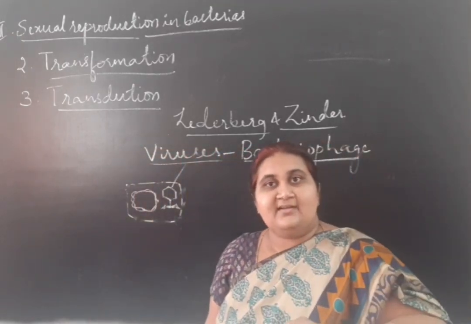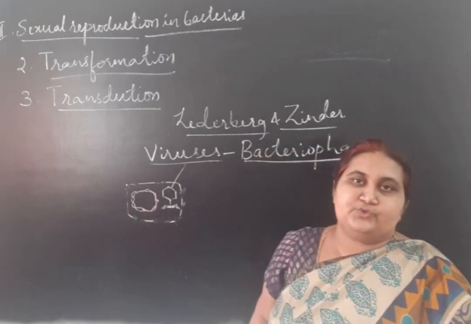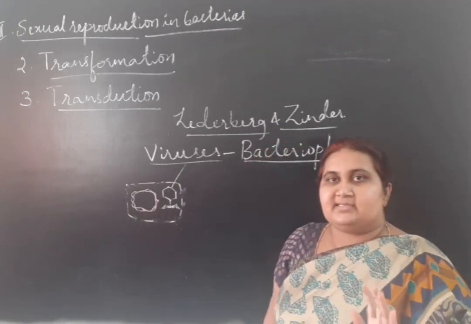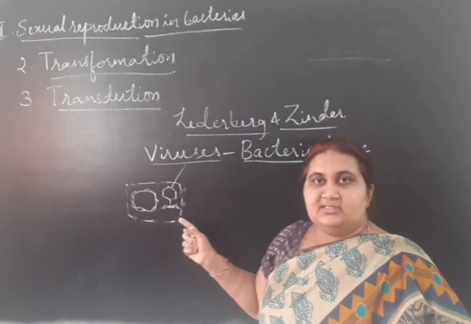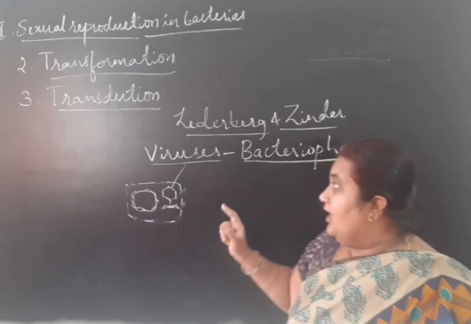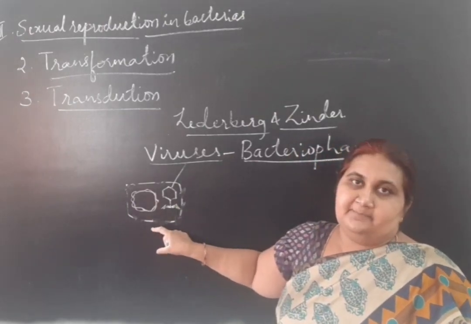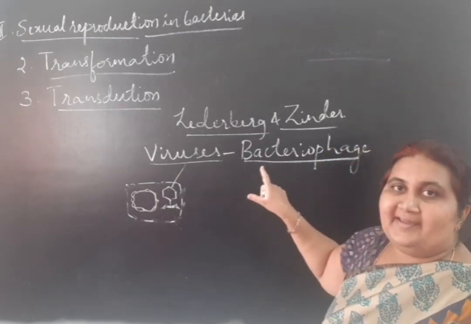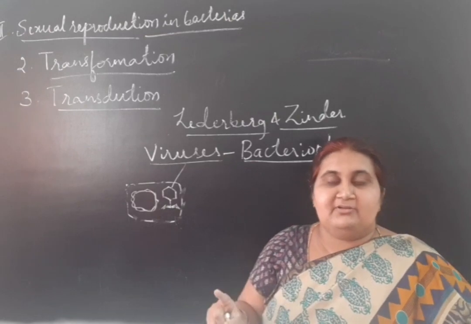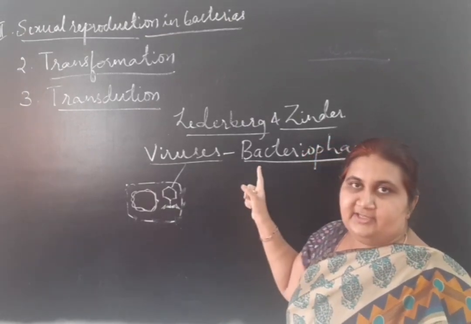Okay, so now that bacterial DNA genetic material will be introduced into several bacteria. See here, so how does transduction take place? So the viruses will attack a bacterium, that is bacteriophage. What is bacteriophage? A virus that will particularly infect only the bacterium is called bacteriophage.